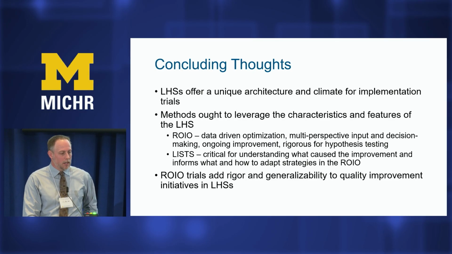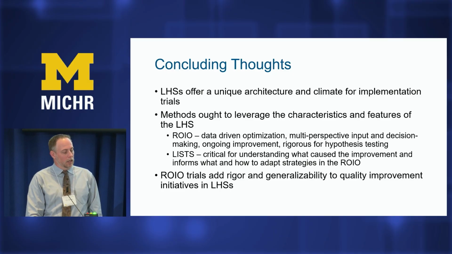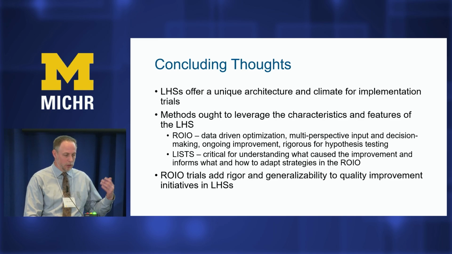So, some concluding thoughts. Not surprisingly, LHSs really offer a unique architecture and climate for doing implementation trials, but you have to use trial design methods that are conducive to the learning health system. I think Royo is one example that is particularly well suited. Methods really do need to leverage the characteristics and features. Royo uses data-driven optimization, which aligns with the continuous learning and data infrastructure of a learning health system.